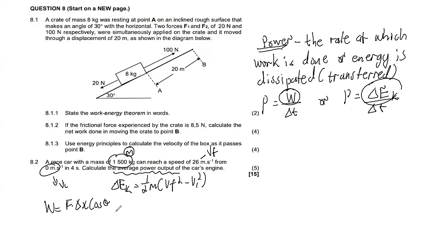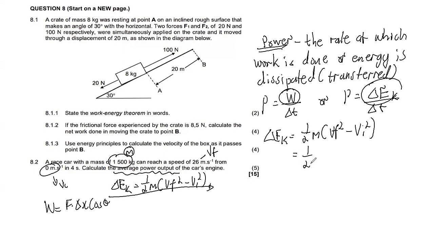Remember, when choosing the formula, you choose it based on the data that you have. The formula must correspond to the data that you are given. Now, from the data I'm given, I can calculate the change in EK effortlessly. So change in EK is equal to half m times Vf squared minus Vi squared.